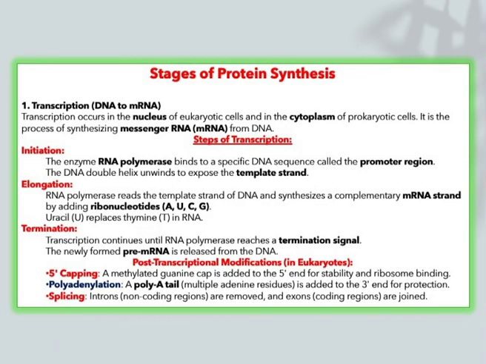And the third important post-transcriptional modification is splicing. Very, very important. Whenever splicing is lost, a genetic disorder or mutation occurs. The sequence contains coding sequences and non-coding sequences. In the process of splicing, the coding sequences are joined but the non-coding sequences are removed.